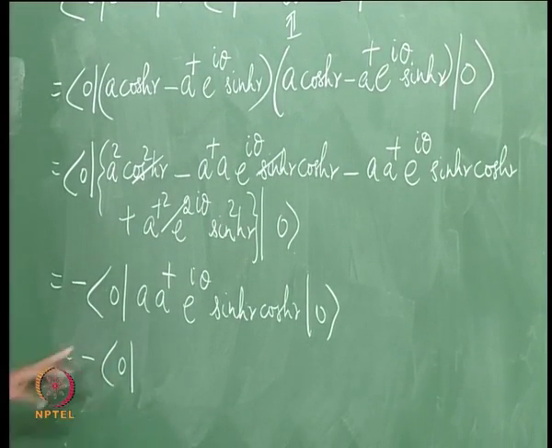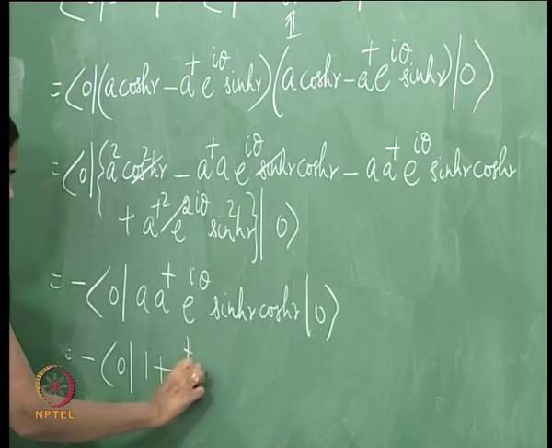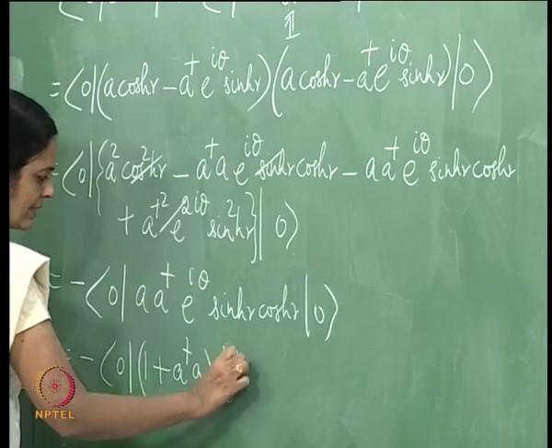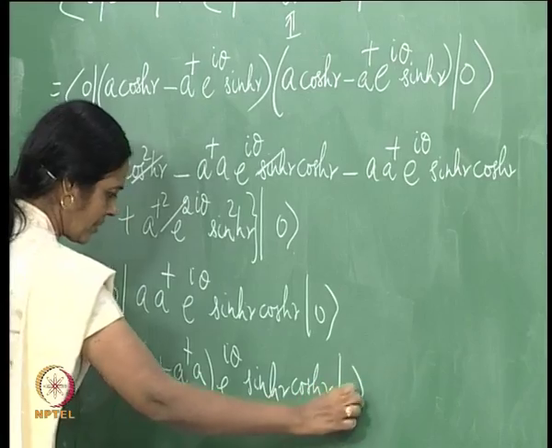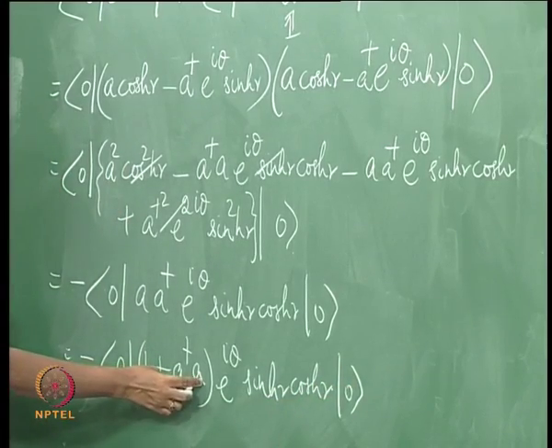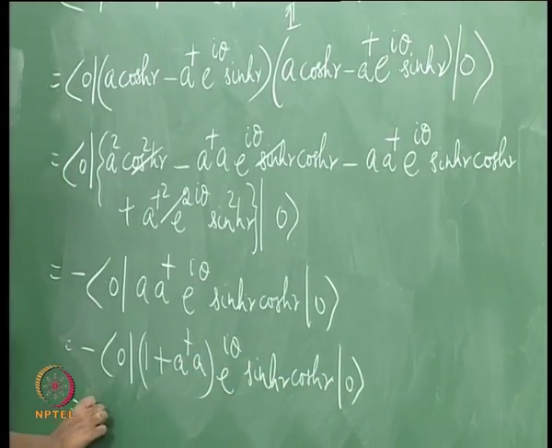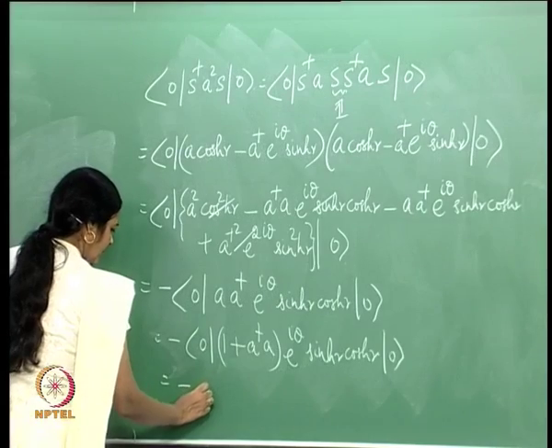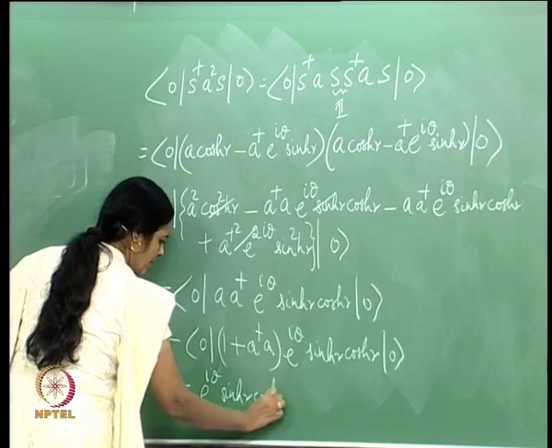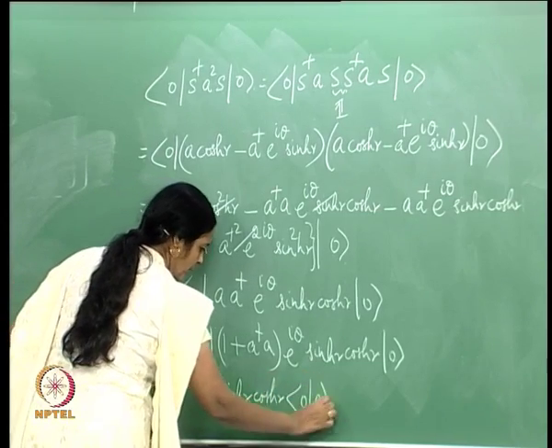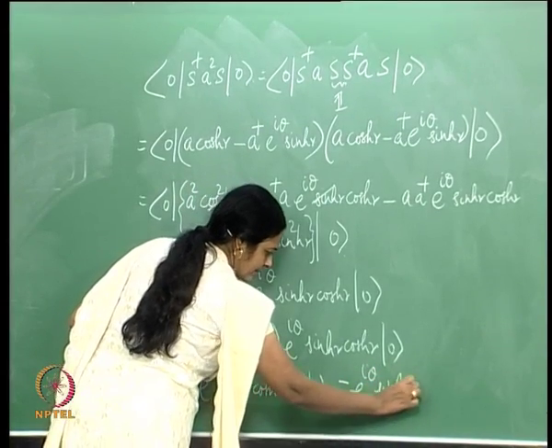I know that A A dagger is 1 plus A dagger A, and there is an e to the i theta sin hr cos hr ket 0. Again, A dagger A does not contribute because A dagger A acting on ket 0 gives me 0. So, this is just minus e to the i theta sin hr cos hr, bra 0 with ket 0. That is the same as minus e to the i theta sin hr cos hr.